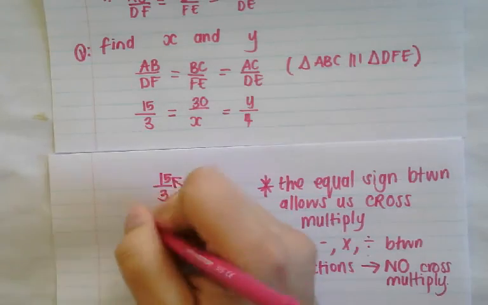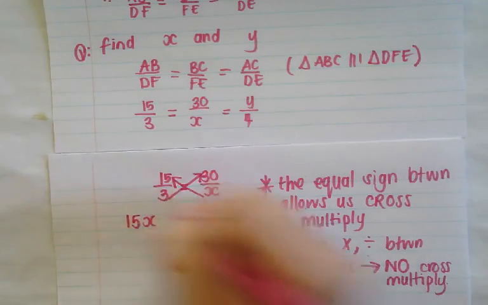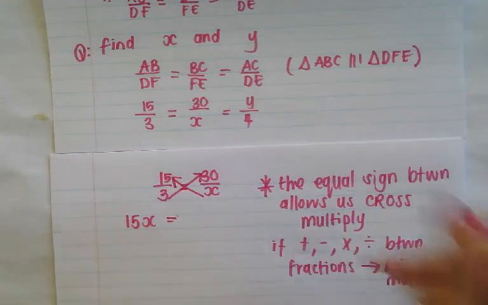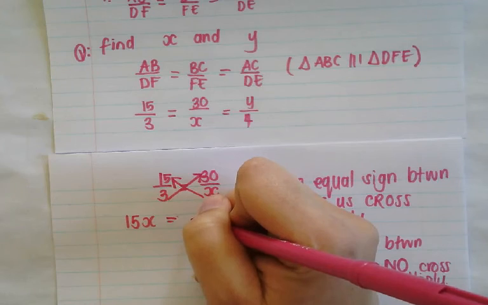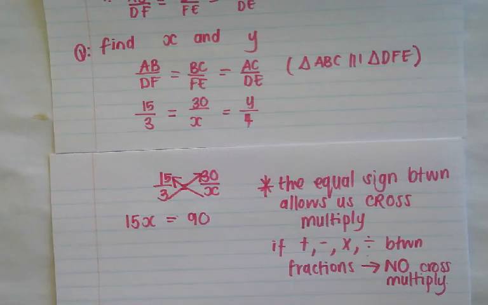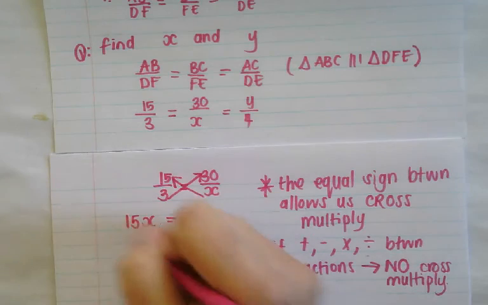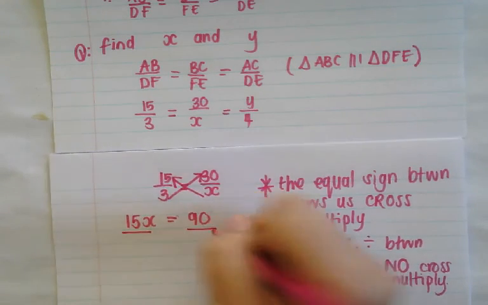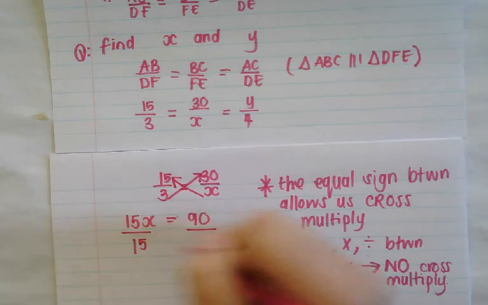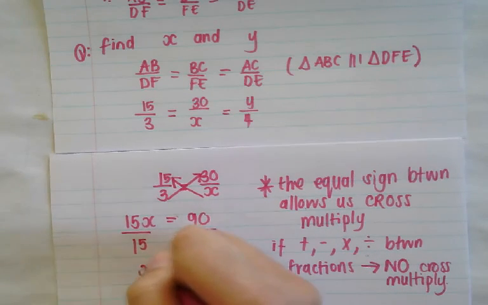So 15 times x is 15x. 3 times 30 is 90. But I don't want 15x. I want x to be single, positive, and by itself. So my next step is to divide both sides by what? 90 divided by 15 is equal to?